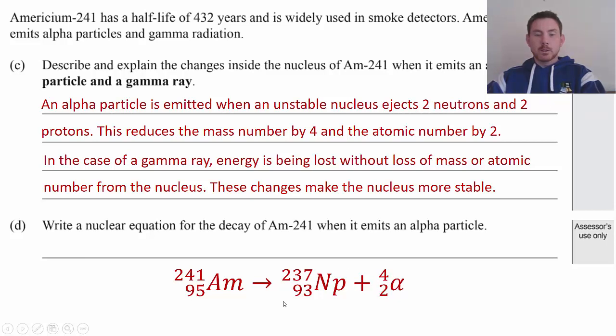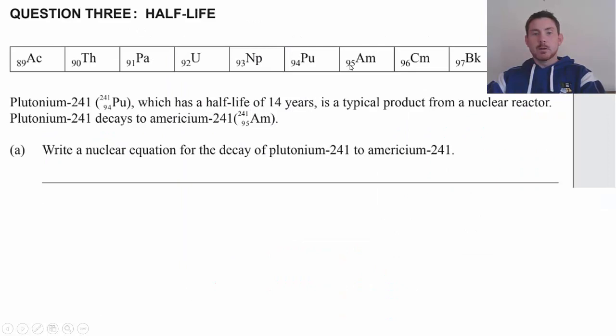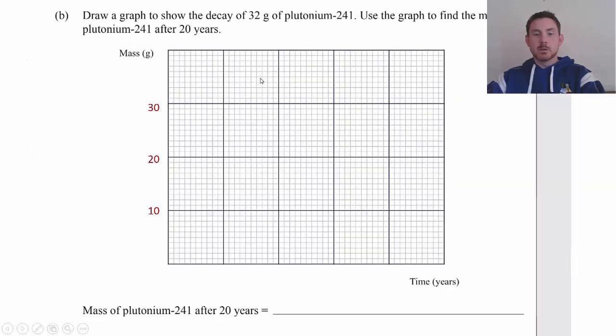Now, we wouldn't be expected to know this, but we should be able to work it out by deducting 4 from 241 to give us 237 as the mass number of our unknown particle, and then deducting 2 from 95 to give us 93. And if we flick back to the previous page, we can see that if we take 2 away from 95, we've got 93, and that's Np, which is neptunium.